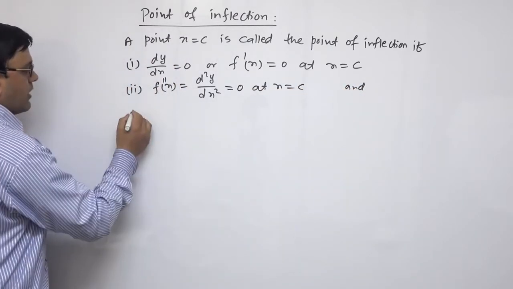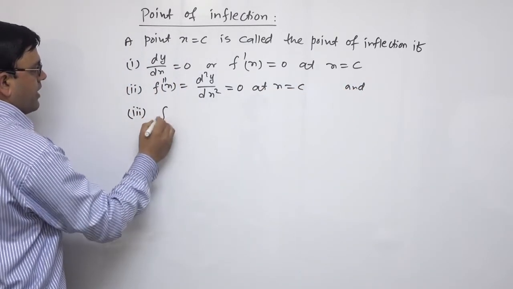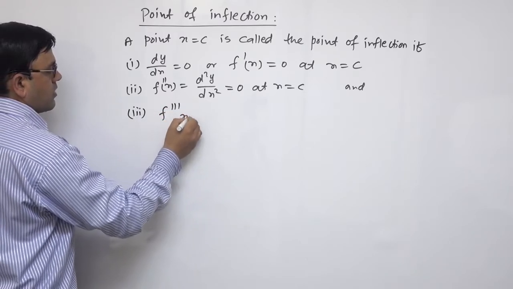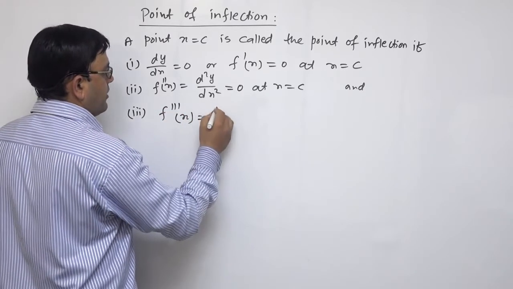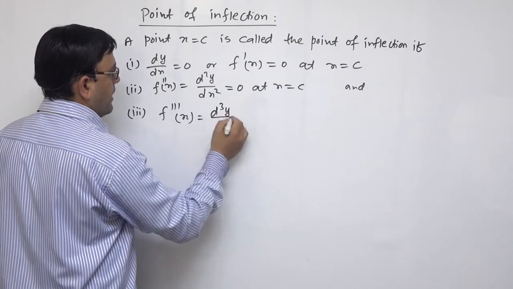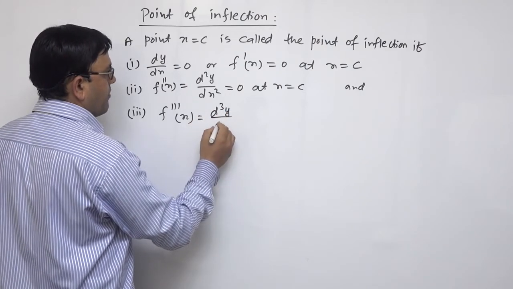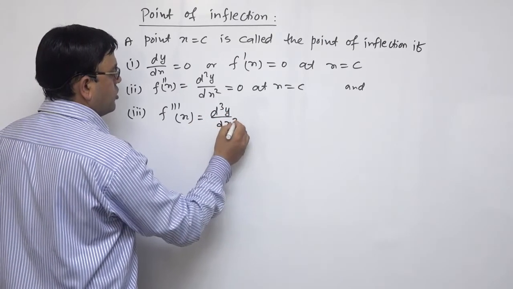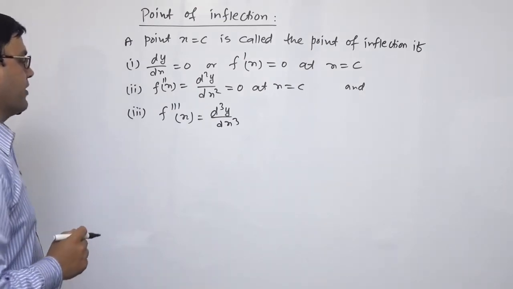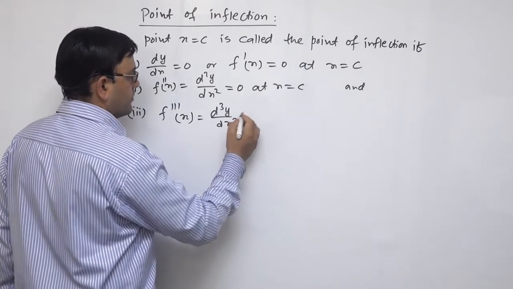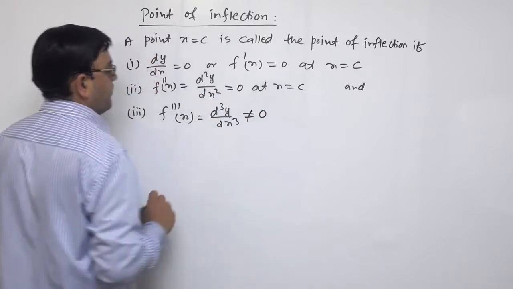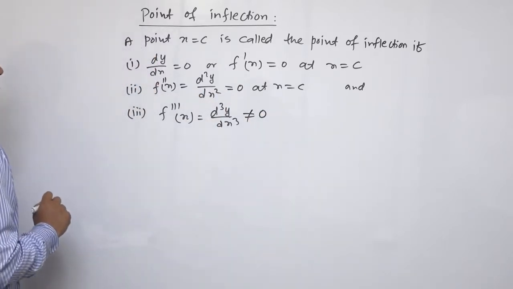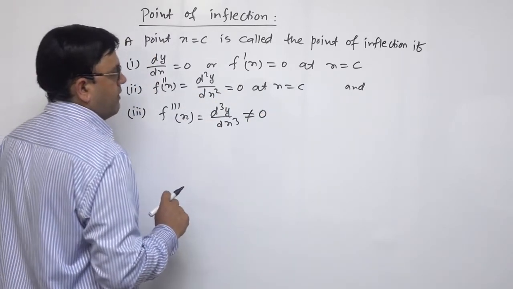And the third one is f triple dash, the third derivative, or d cube y by dx cube, this is the third order derivative, which is not equal to 0. यो त भयो point of inflection को बारेमा.